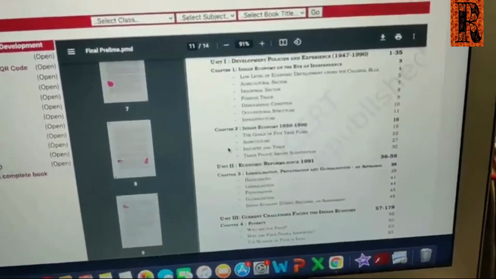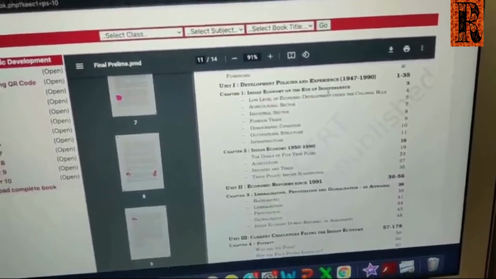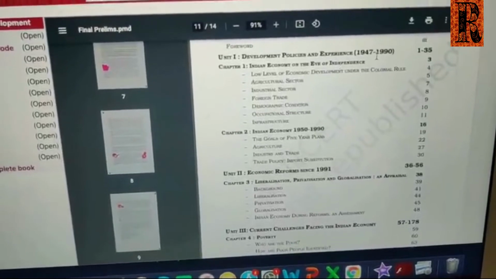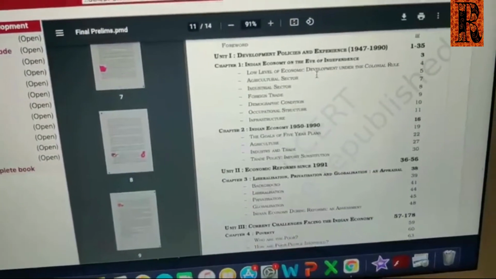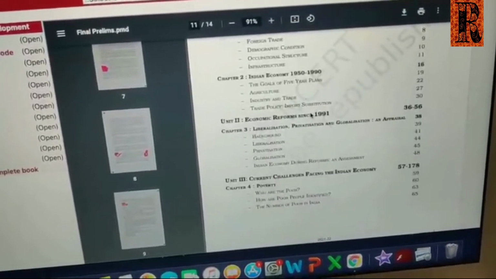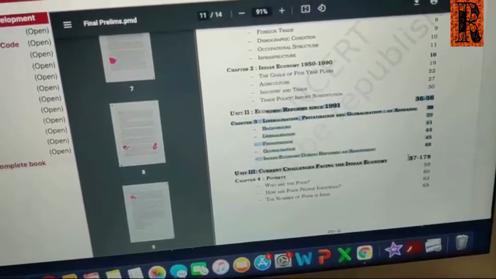Yes, here is the table of contents. First is Unit 1, which is about development policies and experiences of economic development from 1947 to 1990. So what was the Indian economy like on the eve of independence, then 1950 to 1990. Economic reforms of 1991. This is a very important chapter or unit.